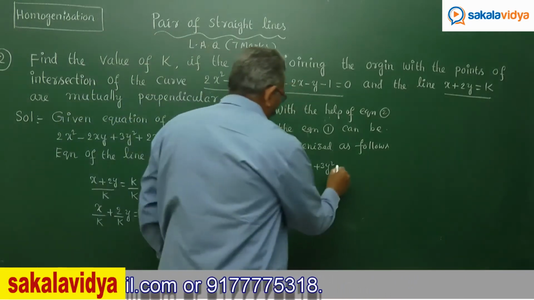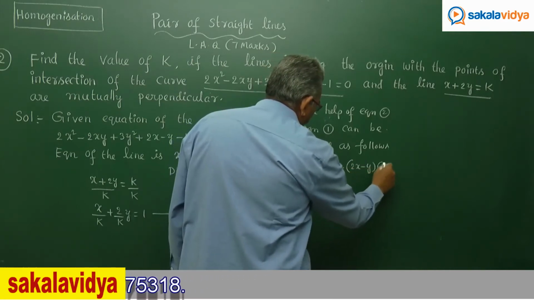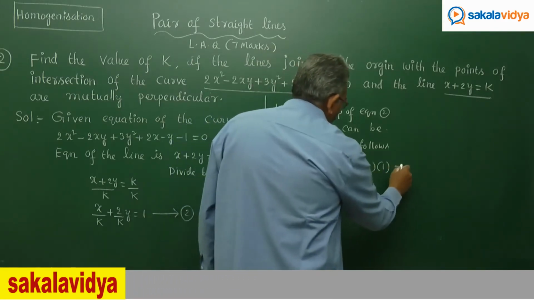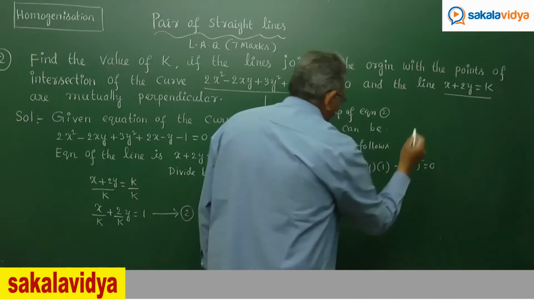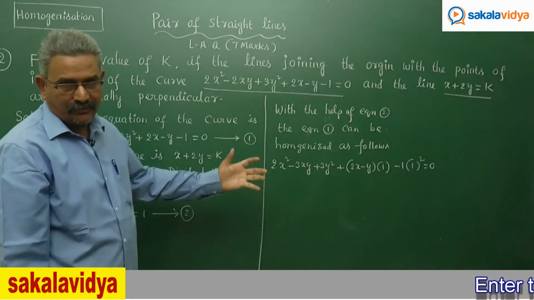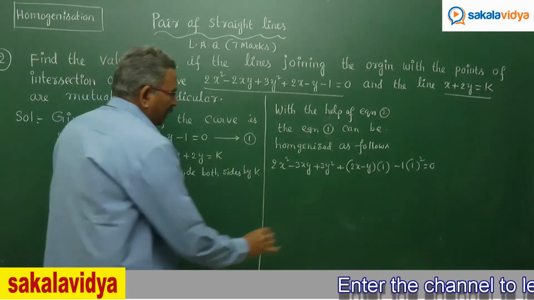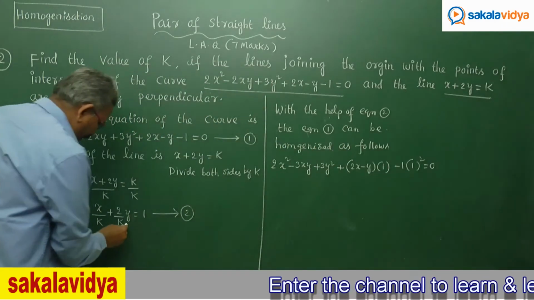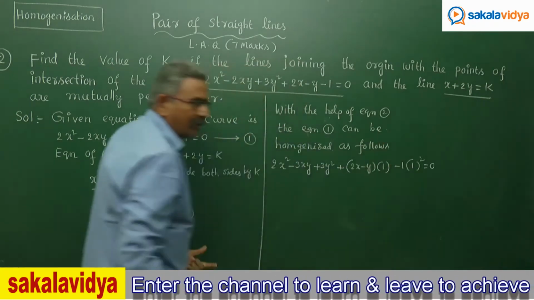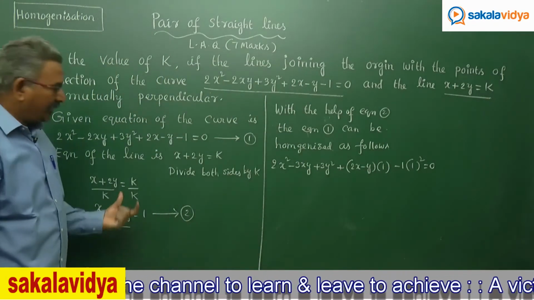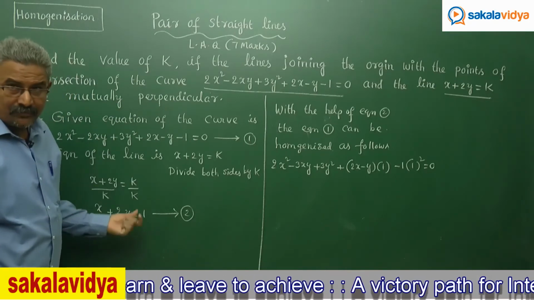This part is not homogeneous, plus 2x minus y times 1 and minus 1 into 1 square equals to 0, right? Just check, observe it. This is a very important step. Now here the 1 is replaced by this value. Can we replace? Similarly, here 1 is also replaced by this value. So let us replace 1 by x by k plus 2 by k times y.